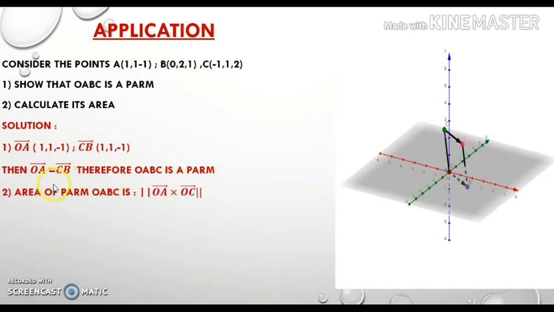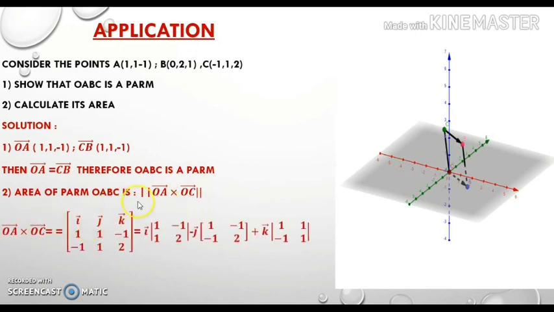Now calculate the area of this parallelogram. Apply the cross product rule for the area of a parallelogram. Then the area of parallelogram OABC is equal to the norm of OA cross OC. Now find the cross product of OA and OC.